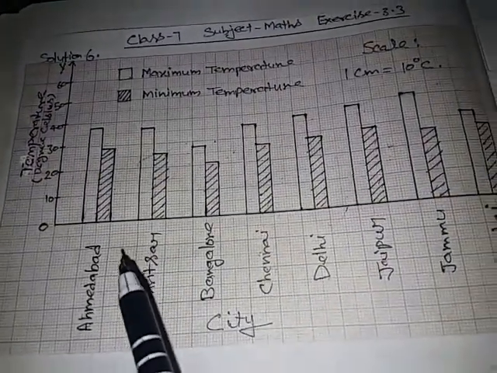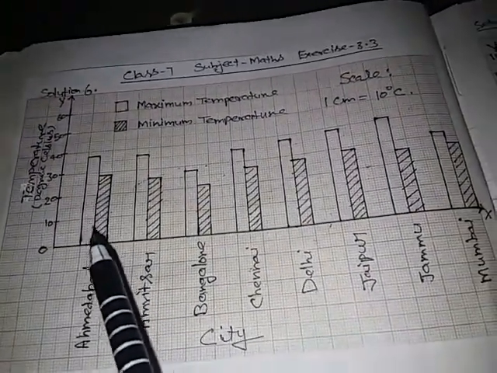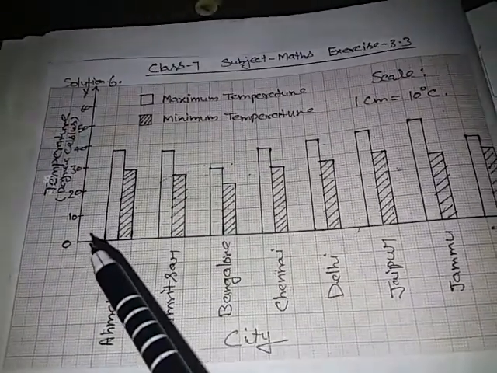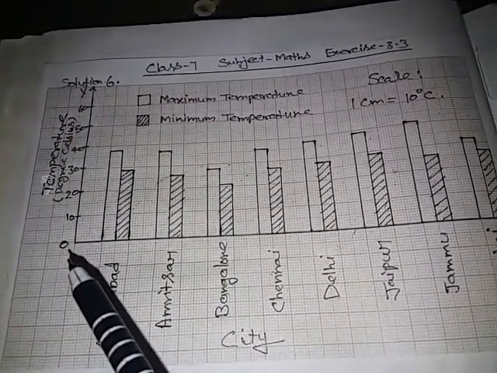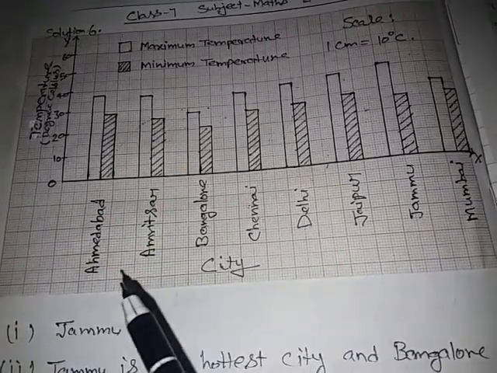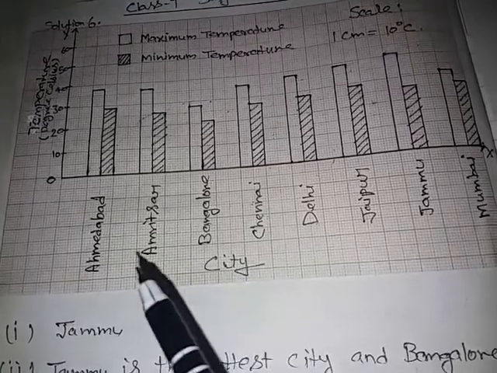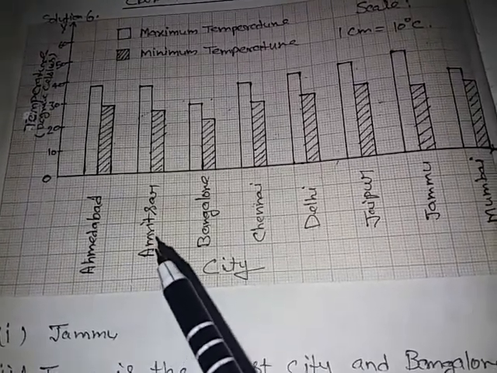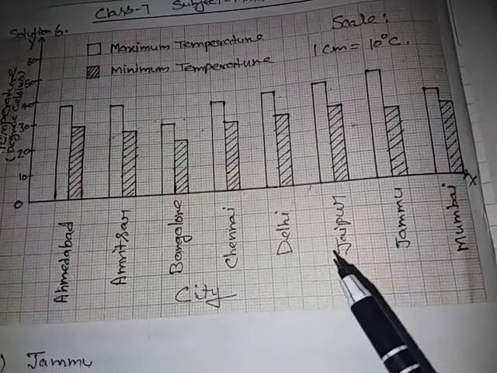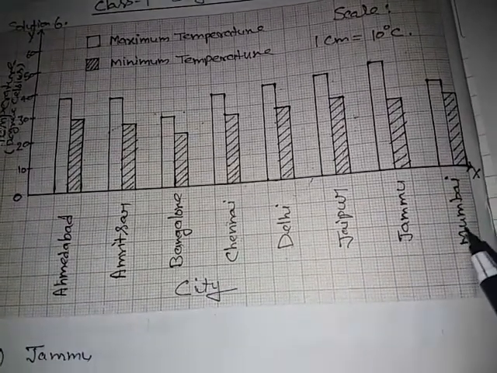Now see the double bar graph of question 6. It is the x-axis and it is the y-axis. It is the origin point. On the x-axis we can show cities like Ahmedabad, Amritsar, Bangalore, Chennai, Delhi, Jaipur, Jammu and Mumbai.